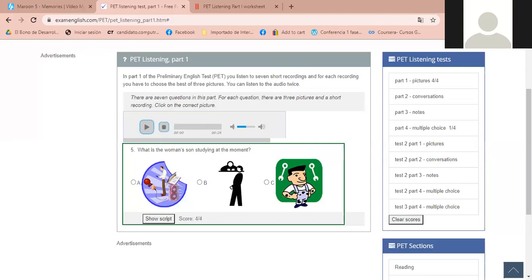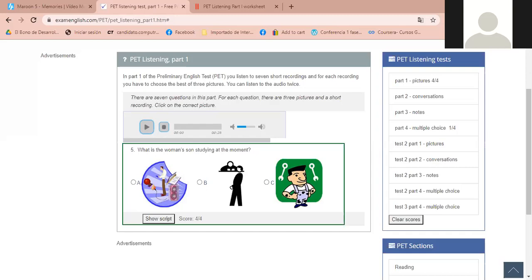Yes, the woman say her son study period at the moment, and the difference with the letter C, she said will become, o sea, va a ser después, desea convertirse más después en mecánico.